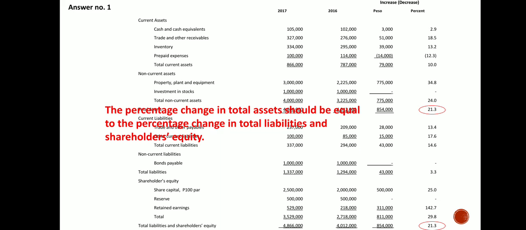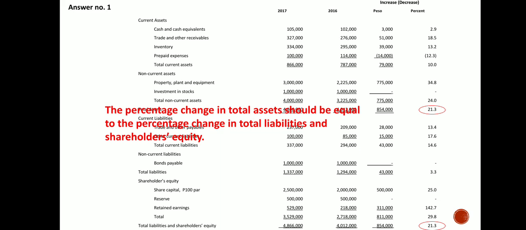So this is actually based on the basic accounting equation niya. Assets is equal to liabilities plus owner's equity. So assets nga 21.3% should equal to the total of liabilities and equity, which is also 21.3%.